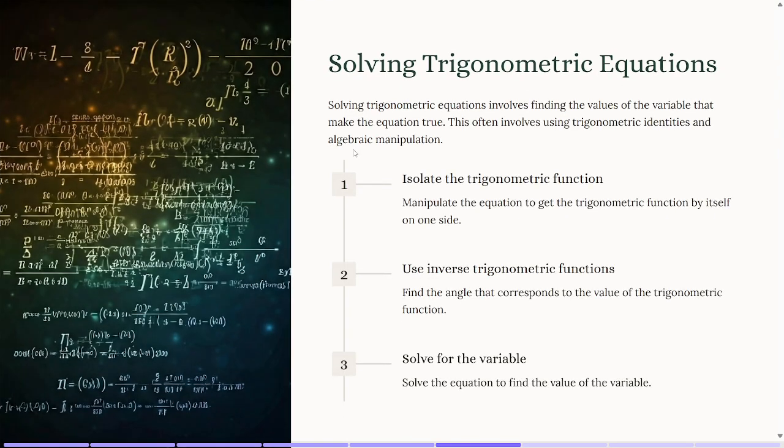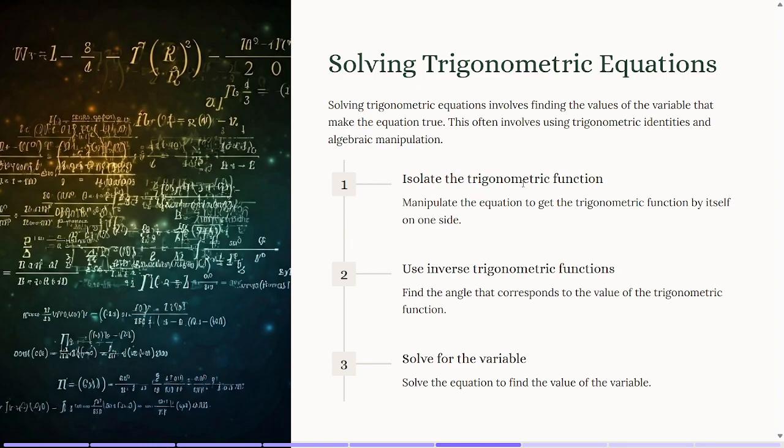When we discuss solving trigonometric equations, it involves finding the values of the variable that make the equation true. This often involves using trigonometric identities and algebraic manipulation. The first step is to isolate the trigonometric function: we manipulate the equation to get the trigonometric function by itself on one side.